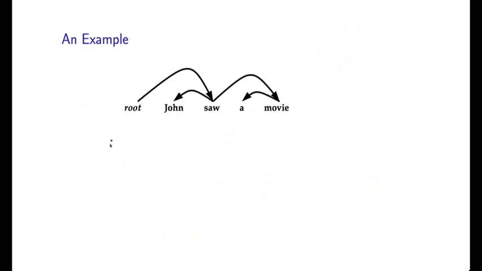So let me give you an example of how we might define these feature vectors. So maybe the first feature, so this is the first component.